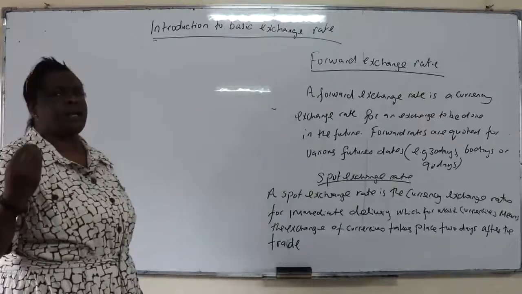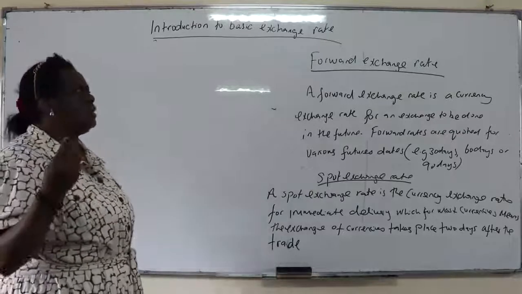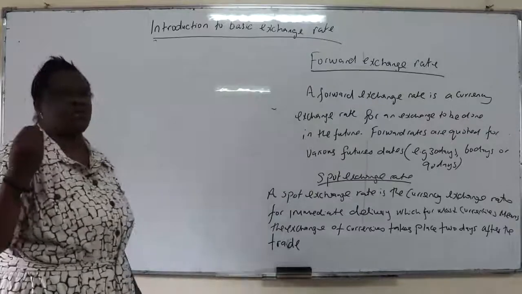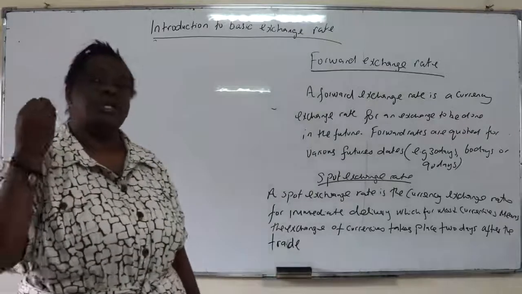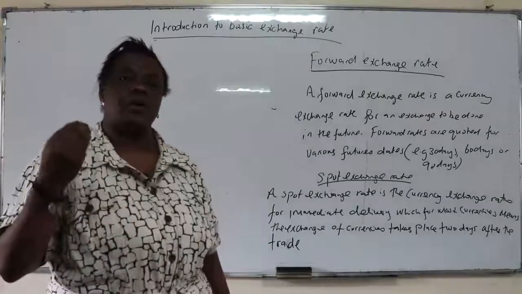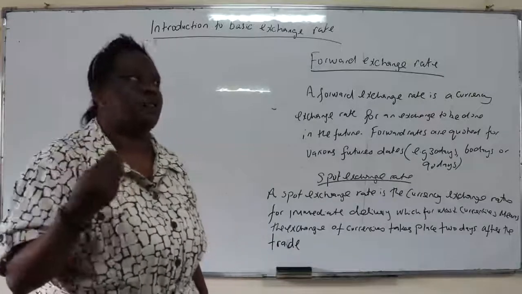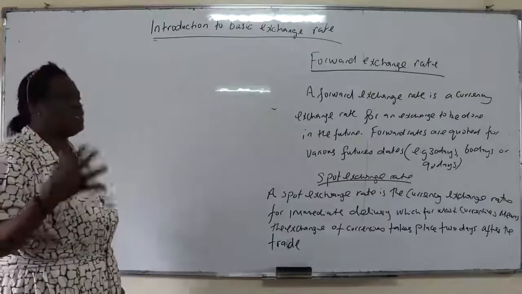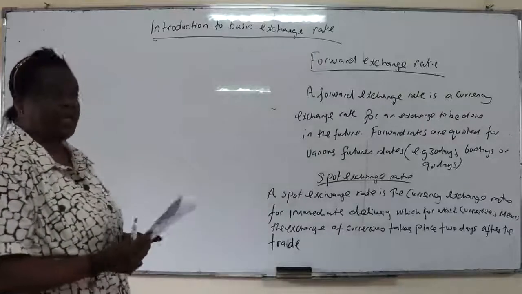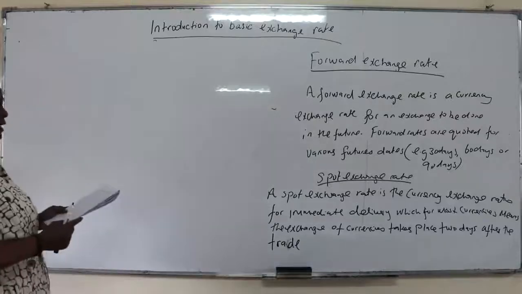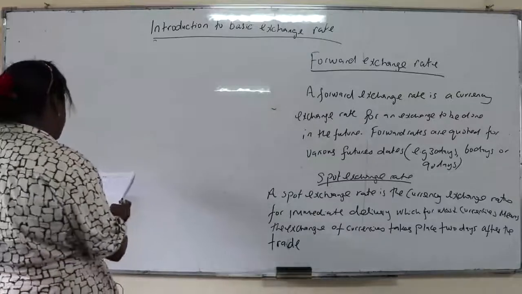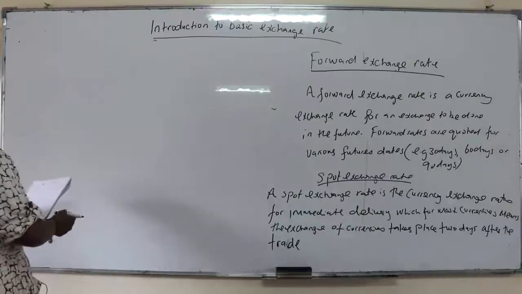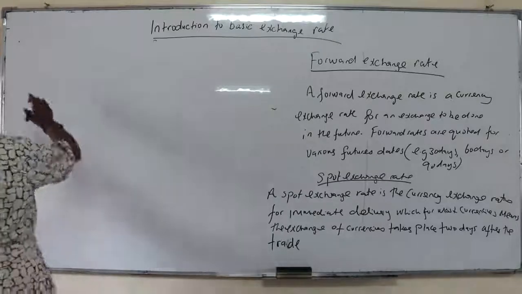If you're going to receive money a week after, it is important that you get into a forward exchange rate. A forward exchange rate is going to help you mitigate risk, to hedge against unforeseen risk in the foreign exchange market. From a week to 15 days to 30 days to 60 days to a year, it's important for us to hedge against risk. So we're going to look at a small example, and we're going to say a Kenyan farm. Let me just write it here.